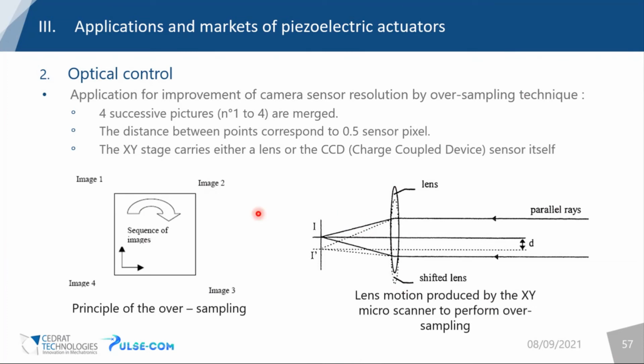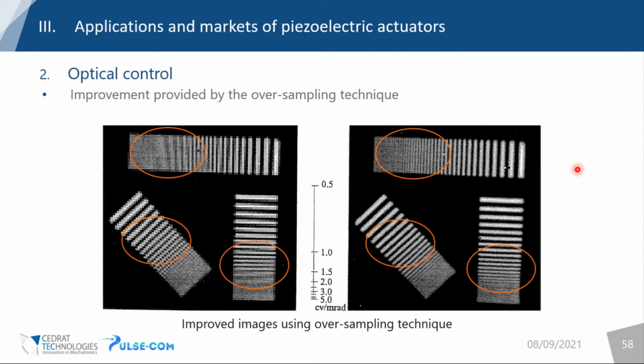So you can take several pictures at several key points. In this case, the maximum corresponds to 0.5 pixels of the sensor. And with this, you can have better picture quality by merging 4 images for each picture.